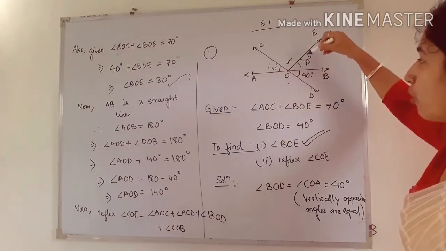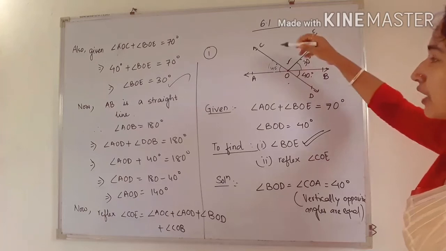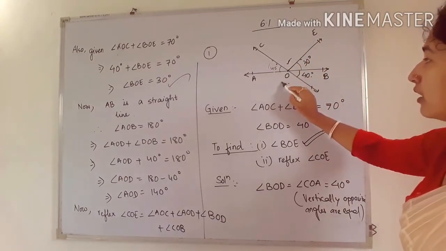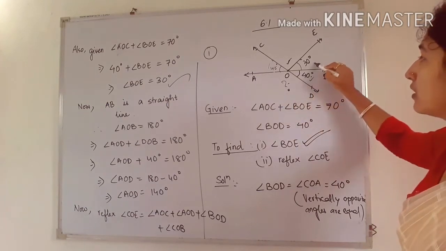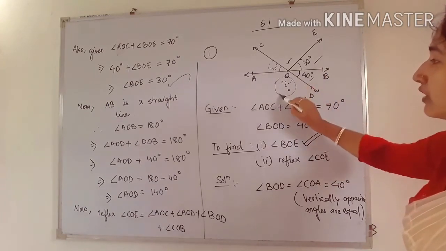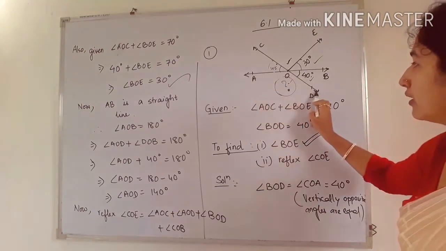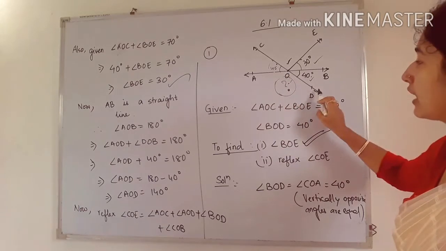And if we add all the 4 angles, we will get the reflex angle of COE. But here you can see 40 degrees is given, this one is not given, this is given, this is given. That means first of all we have to find this angle. And what is the name of this angle? Angle AOD. So first of all we will find angle AOD.